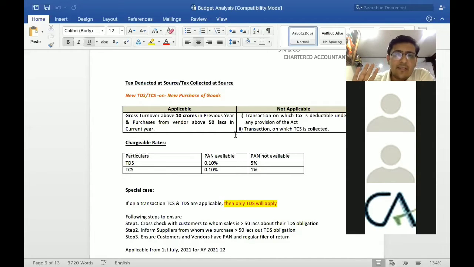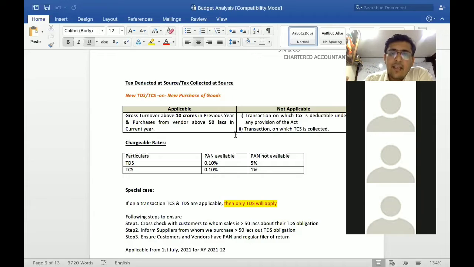In that case, the buyer is not supposed to deduct TDS again, which is very natural. Point number two is that if any TCS is already collected under other provisions, not the provision introduced last year, then he is not supposed to deduct TDS again.